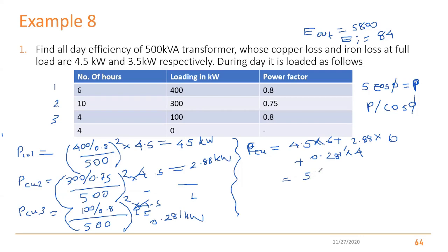So the total loss is 56.92 kilowatt hours.